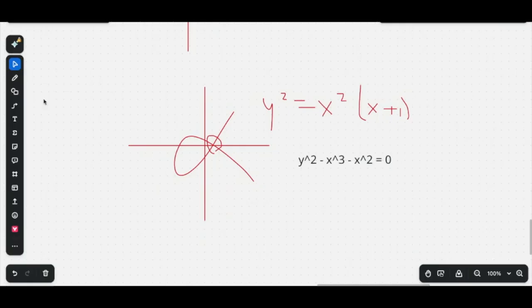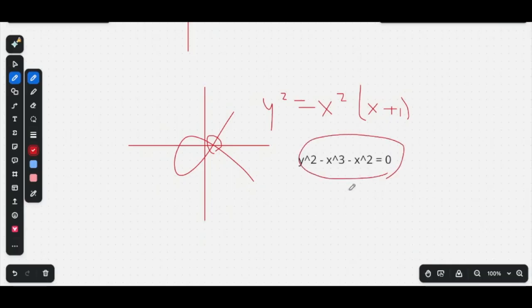So if you have a function of many different variables, each to some power, and you move everything to one side and set it equal to 0, that would be a variety, the 0 set of a polynomial. When you set a polynomial equal to 0 and you graph it, that is a variety.